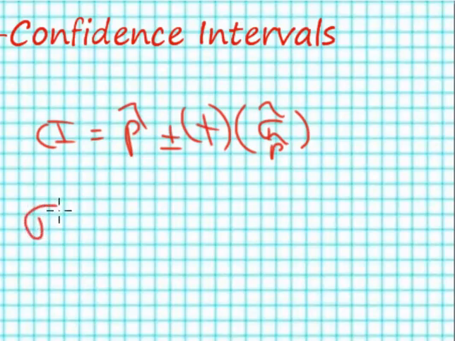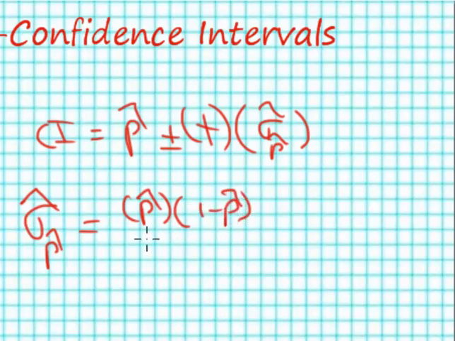Our standard error, sigma hat sub p hat, is equal to the square root of the quantity of p hat times the quantity of 1 minus p hat, divided by our sample size.